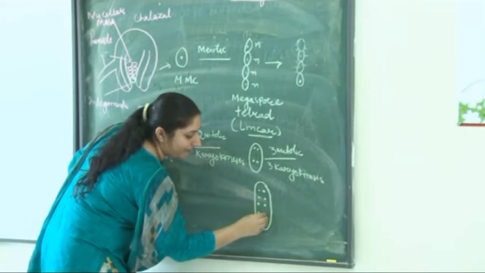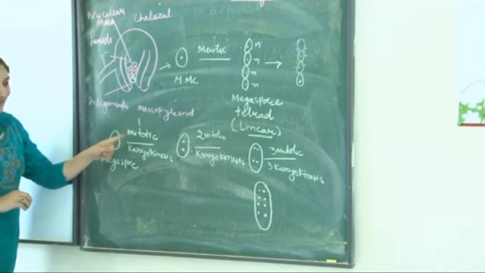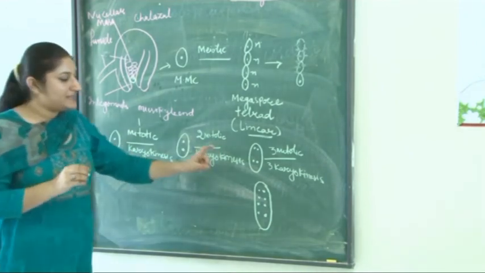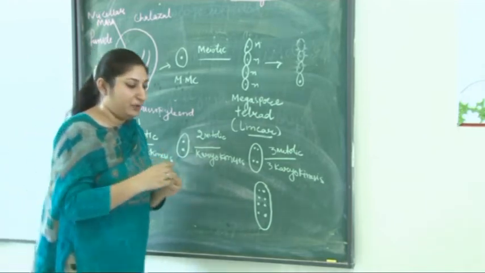So we have a megaspore cell which undergoes 3 karyokineses, that is mitotic divisions, and ultimately we get a cell which has 8 nuclei.